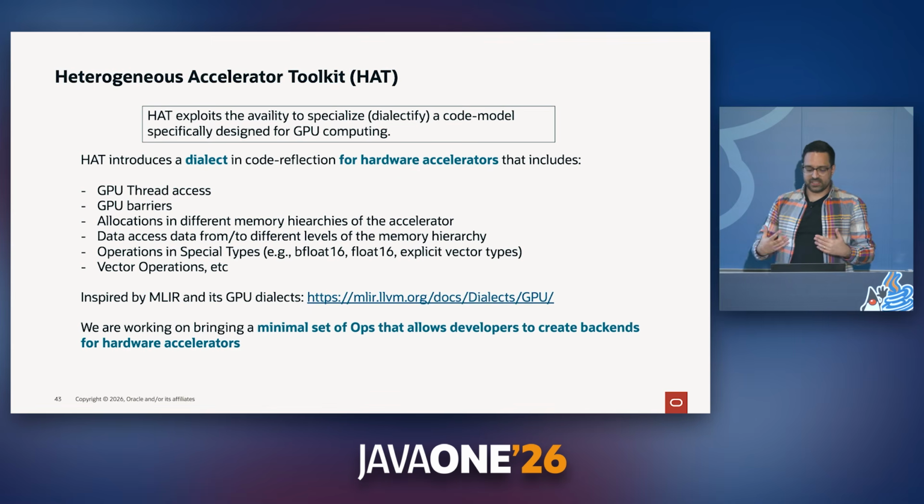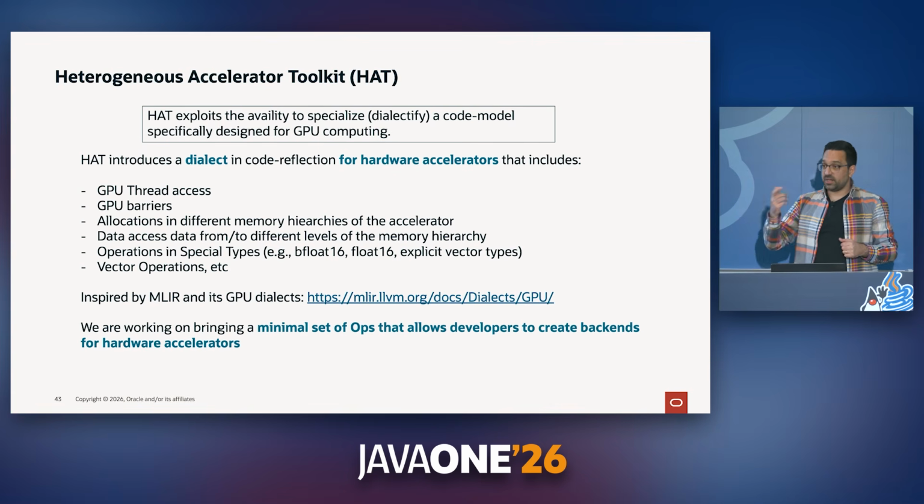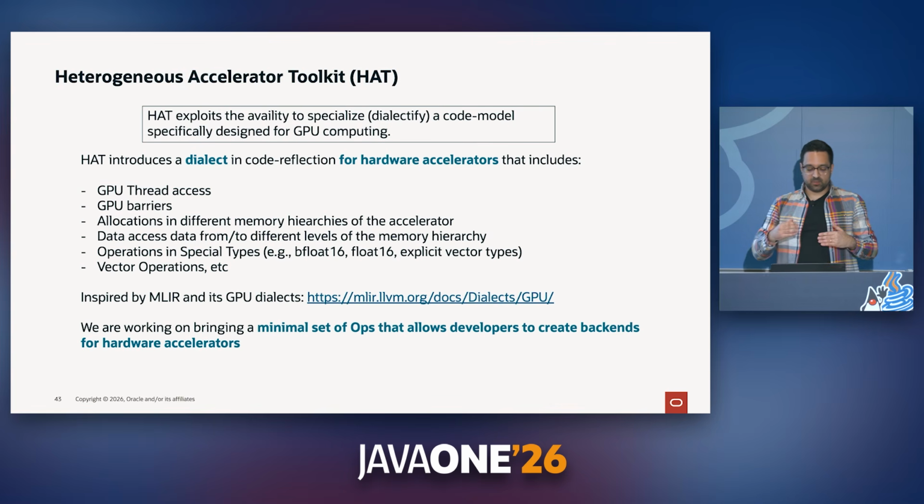And in the dialect, we can expand the basic code model that core reflection gives us with GPU thread accesses, GPU barriers, for example. We can define in the dialect the memory regions that are used, if it's shared memory, if it's private memory. We can define in the dialect the special types, for example, FP16, for floating point of 16 bits, or vector operations, and so on and so forth.